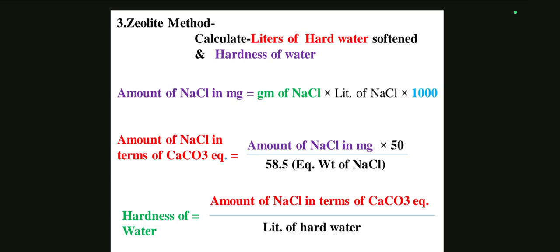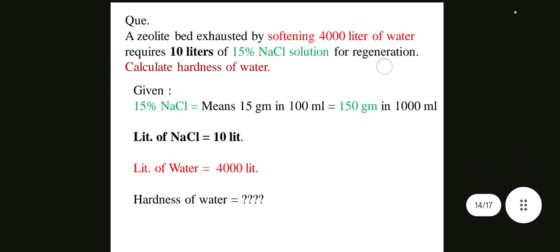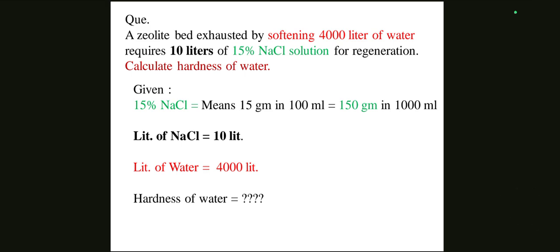Okay, now we will solve the numerical on the zeolite method. Now see the question. A zeolite bed is exhausted by softening of 4000 liters of water, meaning 4000 liters of water we passed through the zeolite bed.